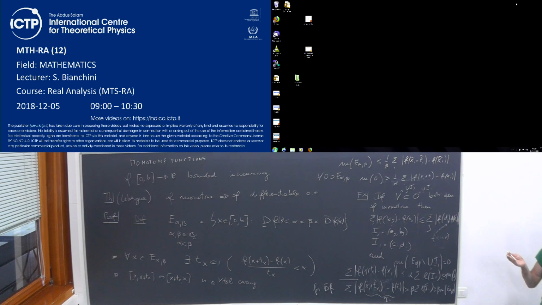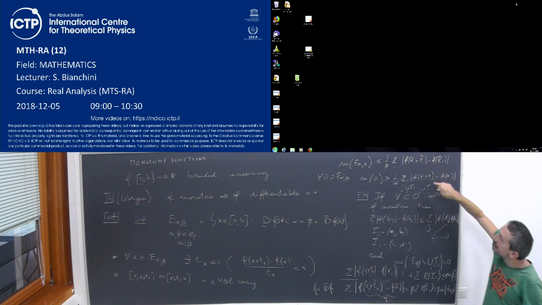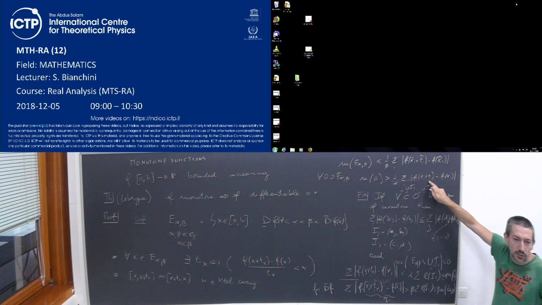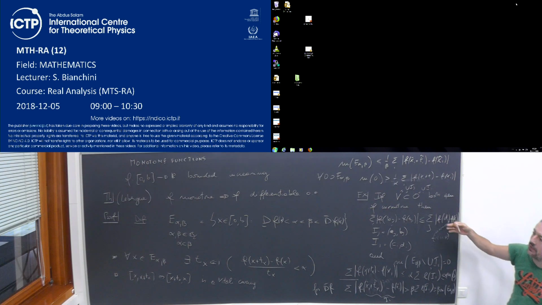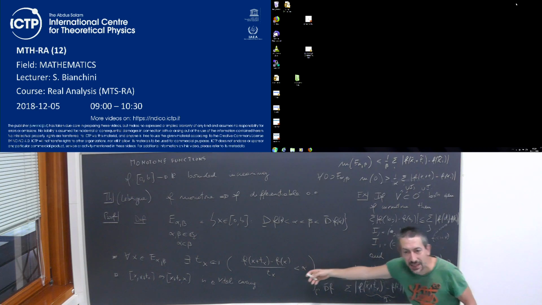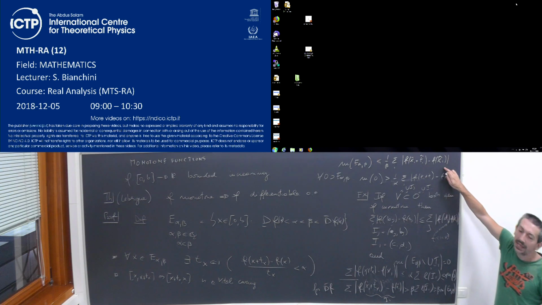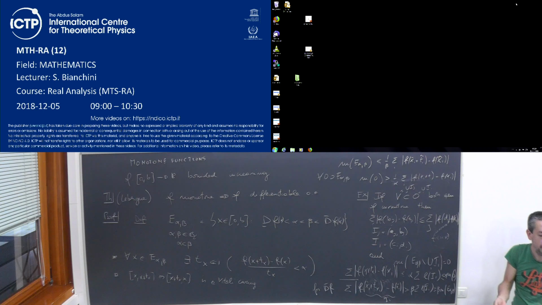So to conclude the proof, I take the second partition to be a subset of the first, which I can do, because for any open set you can find a partition which is inside the open set. I can certainly require this thing to be less than this thing. And then I get the contradiction.